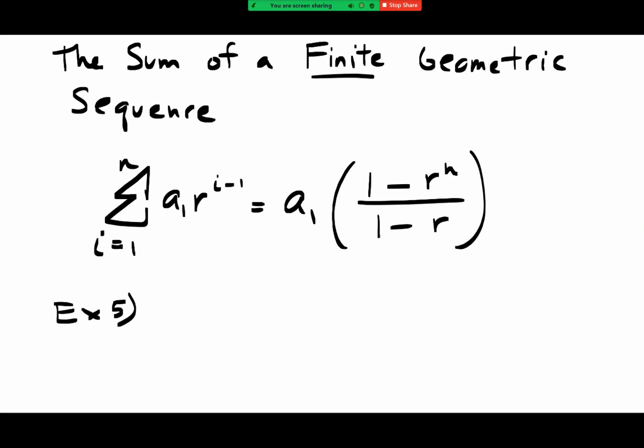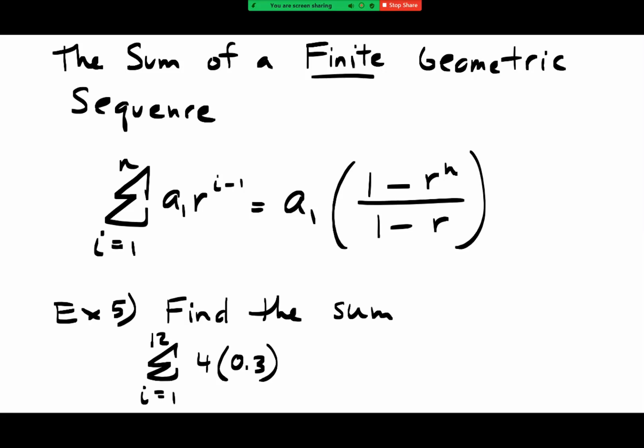Let's look at some numbers here because it'll be a little easier with them. I need you guys to find the sum from i equals 1 to 12 of this little guy right here, 4 times 0.3 to the i. Yeah, and then we did it so it was the 4, then in parentheses 1 minus 0.3 to the 12th power over 1 minus 0.3.